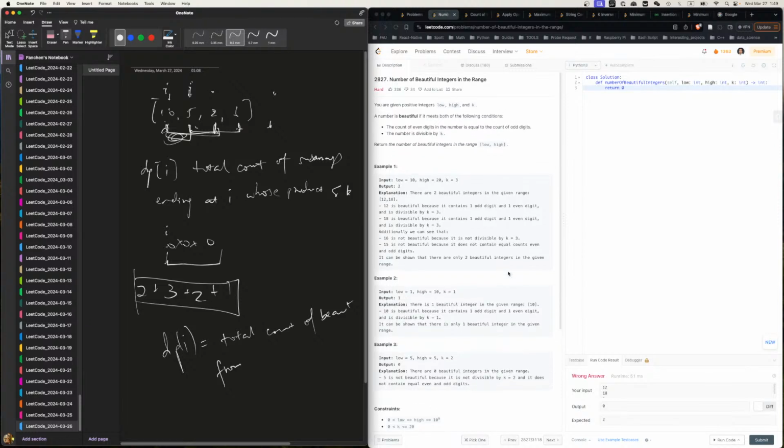We won't take 0, so from 1 to i, right? That's what we do. So now the question is, how do I compute DP, let's say i plus 1?